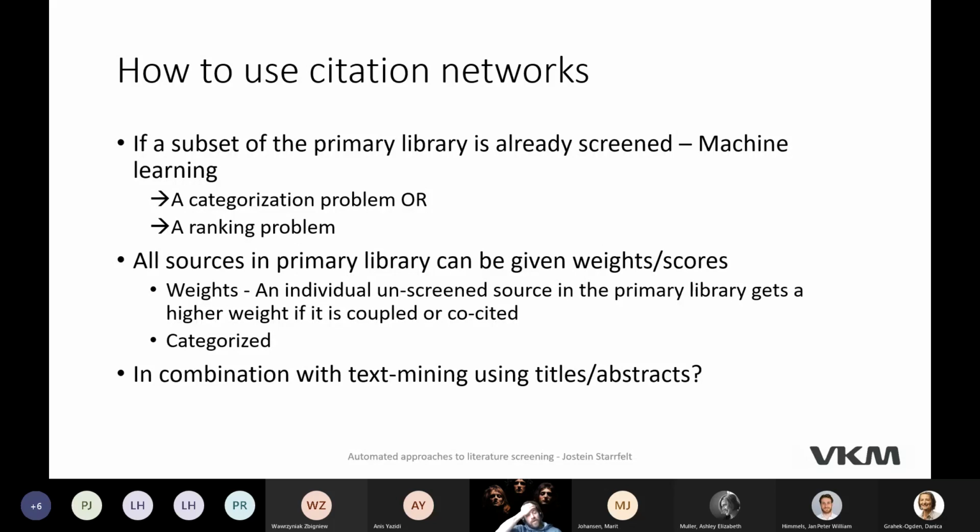You could, of course, also, as has been presented earlier today, use this in supervised learning. So you have a massive library, you screen some portion of it, and you use the information in the citation network of the ones that are relevant versus the ones that are irrelevant to train a classifier, essentially.